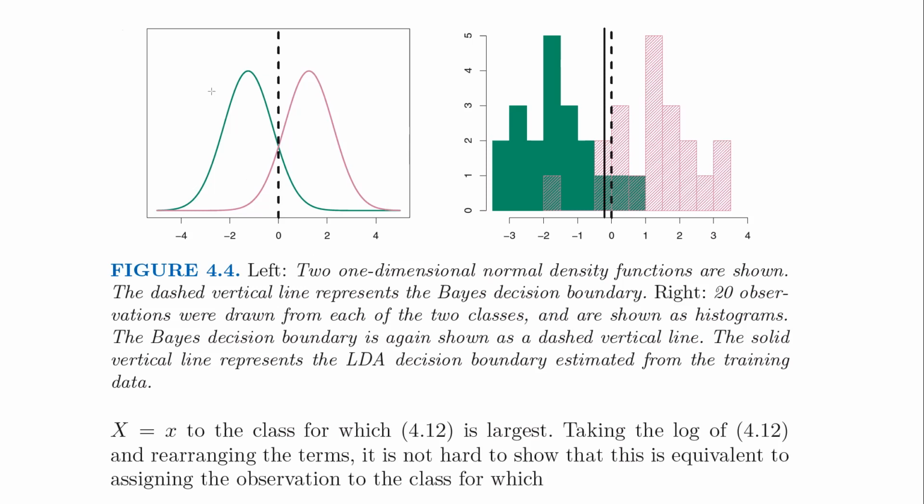We're assuming that we have two classes, the green class and the pink class. They have the same variance, but they have different means.